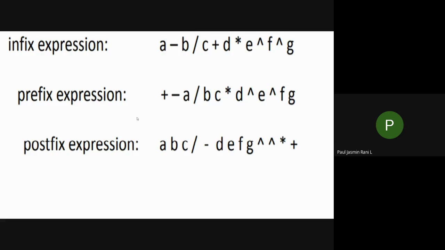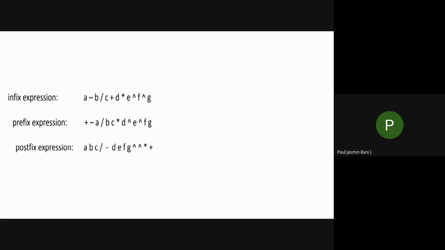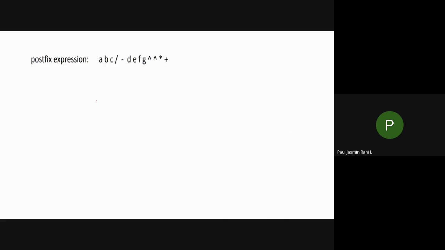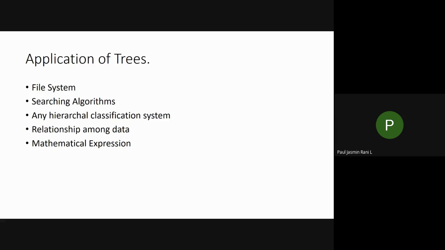So let's move on to the next topic, that is application of trees. Already we discussed more about this tree data structure. In our first class itself I said where you can apply the tree data structure. When you see your system, how will you store your files in your PC or laptop?